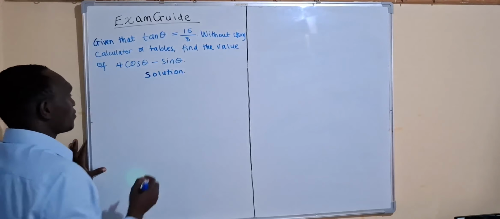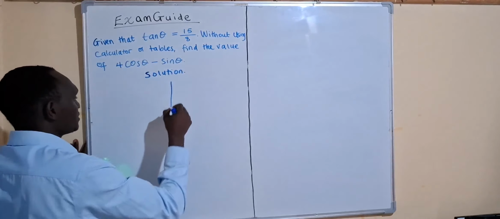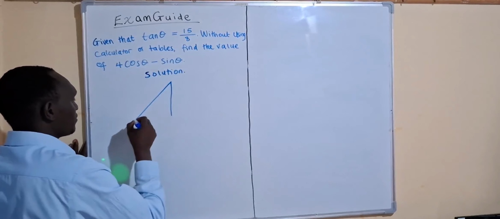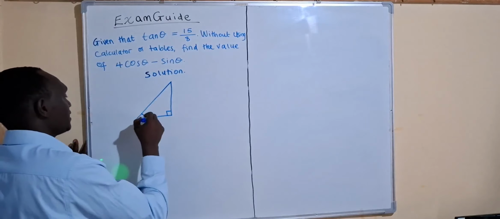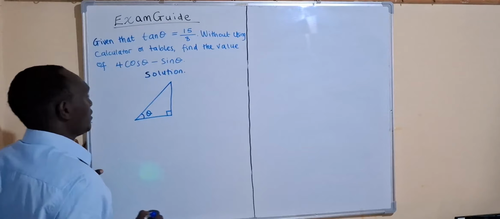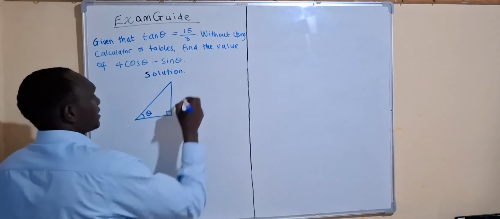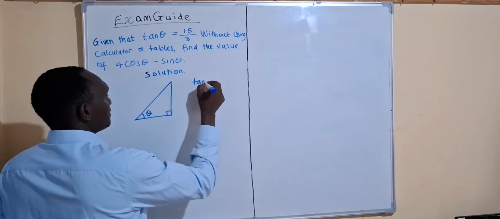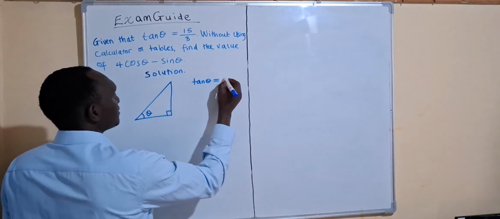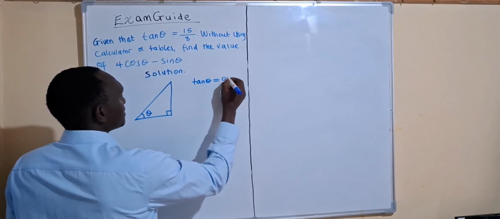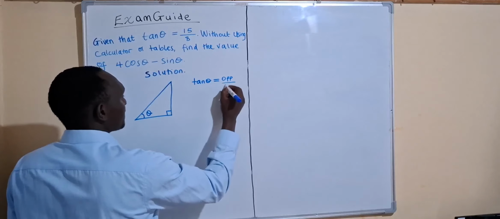First of all, let us draw a right angled triangle. Assuming this is the right angle triangle, the theta is here. What does tan stand for? Tan of any angle theta is given by opposite over adjacent.